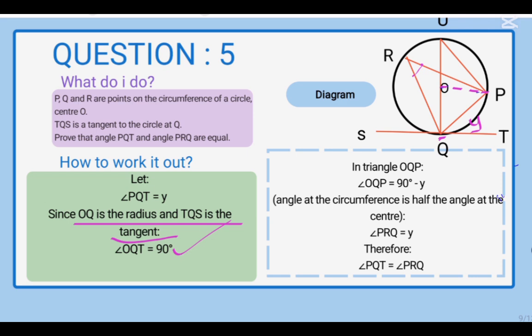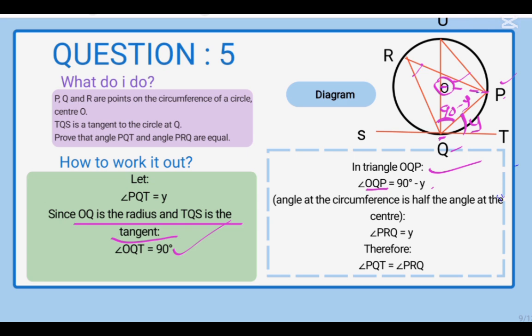Now in triangle OQP, let's look at it: O, Q, and P. Angle OQP is 90 minus y. This angle is 90, take away y, because this place is already y, and the whole of it was already 90. So that small angle is also 90 minus y.